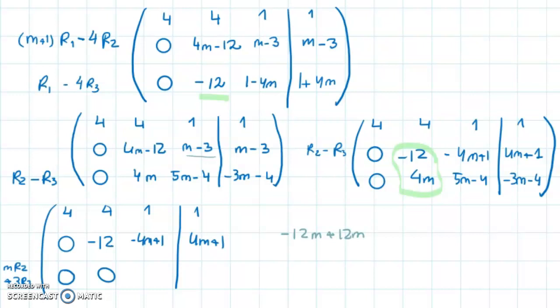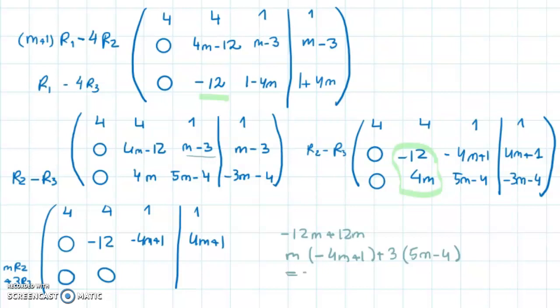And now this gets interesting because we're going to have terms with m squared. We are going to have m multiplied by negative 4m plus 1, and then plus 3 times 5m minus 4. I need to write this down. I can't just do it in my head.